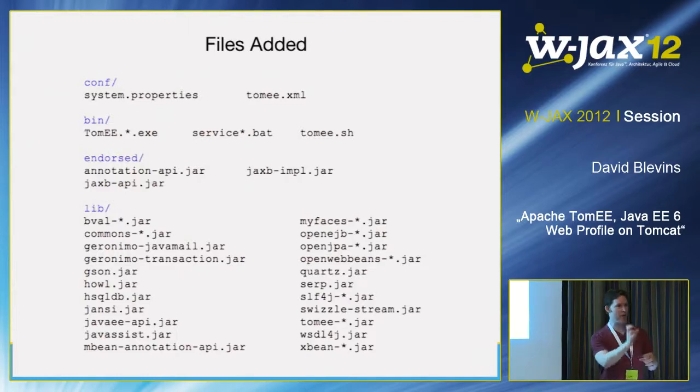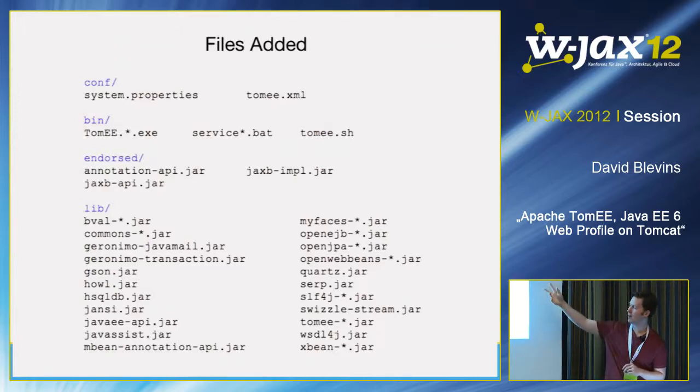A lot of times you have all these -D flags that you use to start up your server. If you wanted to, you can throw them into this file called system.properties, and they get read in and become part of the environment. You don't need to use these flags. Then we've added some Windows service files to make it easier to launch TomEE as a Windows service.